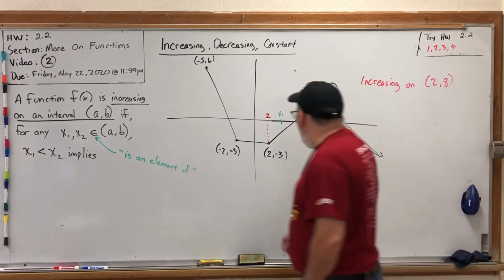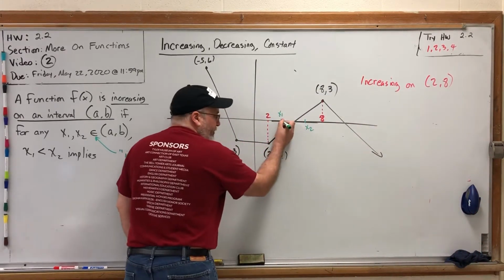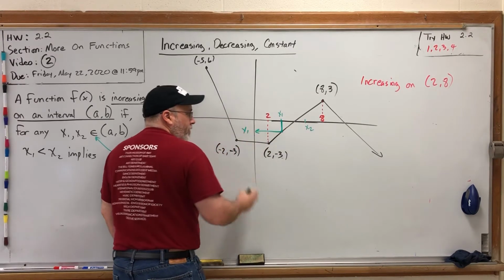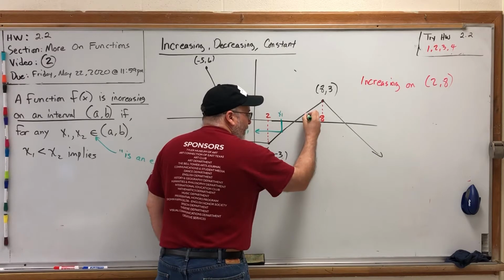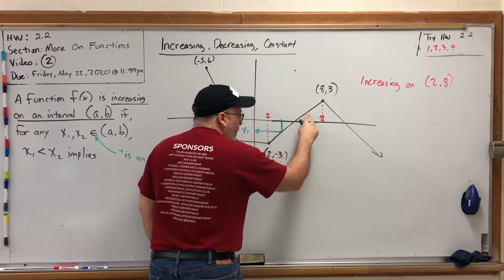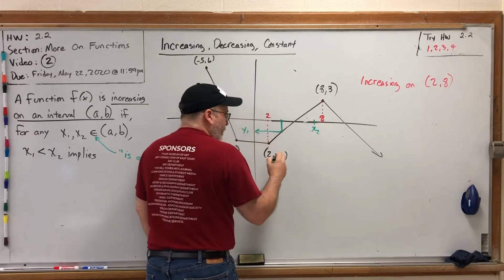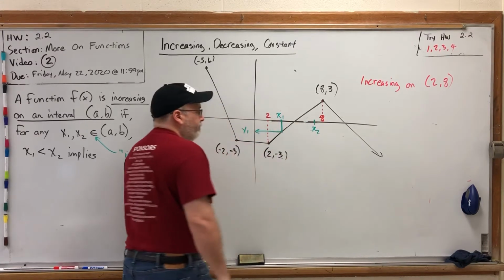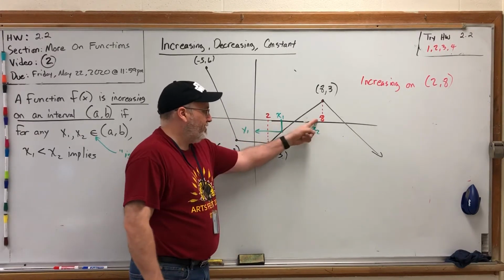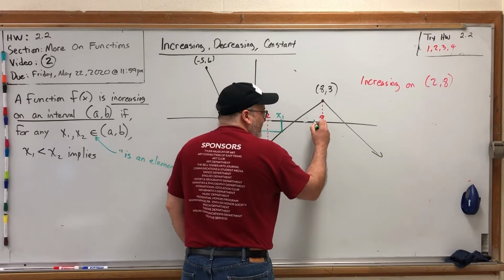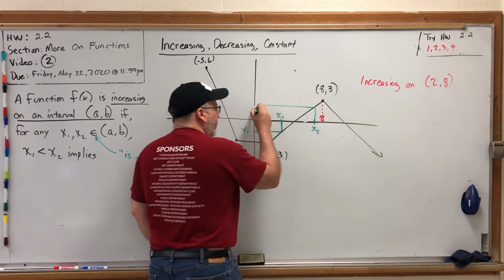So let's think about the y values associated with both of these x values. Here's the first y value. And if I go up to the graph for the second one, let me scoot this x2 over a little bit. Where'd my x1 go? So here's my first x, which is less than my second x. Here's its y value. The second x's y value would be here.